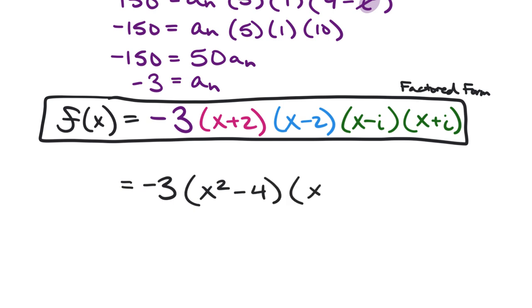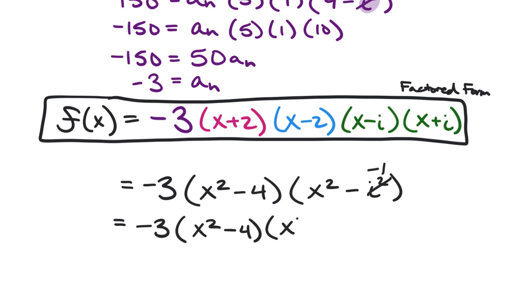And the green, again, turns into x squared minus i squared. Hopefully your spidey senses are going off again, because i squared, what can I change it to? Negative 1. So I'm just going to say, just kidding, negative 1. So then I have x squared minus minus 1, which is really what? Plus 1. So we have negative 3 times x squared minus 4 times x squared plus 1.